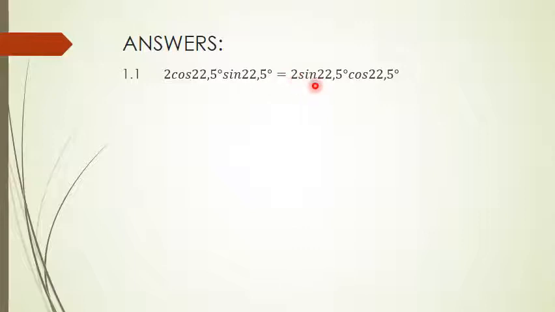So I have just written it in the familiar way. 2 sine 22,5 degrees cos 22,5 degrees. And applying the double angle formula for sine in reverse, this is sine 2 times 22,5 degrees, which is equal to sine 45 degrees. And this is equal to square root of 2 over 2.